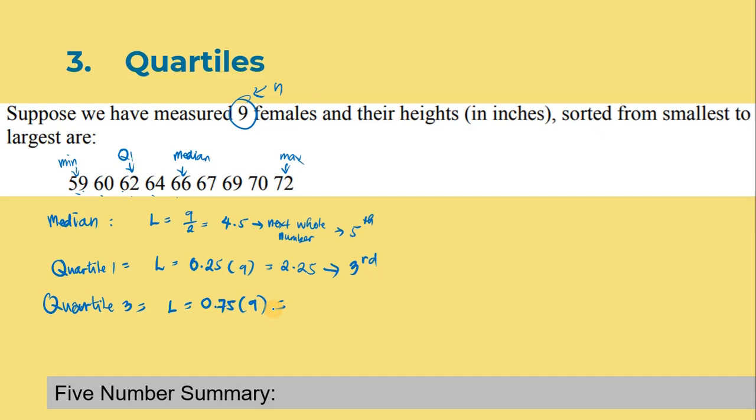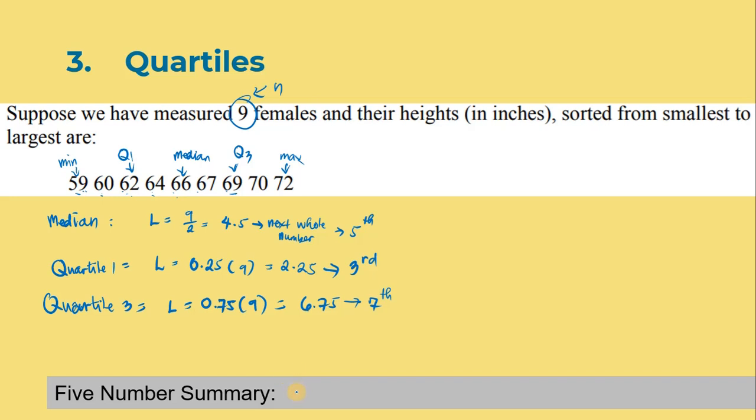So, what you do, type sa calcu is 0.75 times 9. 6.75. Next whole number is 7. So, at the position of the 7th number, 1, 2, 3, 4, 5, 6, 7. So, mauni si quartile 3. Ano na siya? Again, location ni siya.